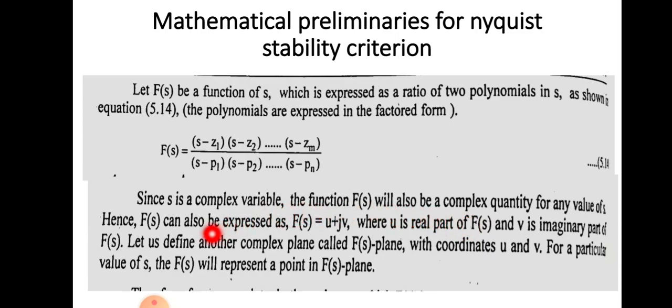So for a particular value of s, there will be some value for F(s). So for a particular value of s, the F(s) will represent a point in the F(s) plane. So now we are dealing with two planes, the s plane and the F(s) plane. A particular value of s in the s plane will correspond to an F(s) value in the F(s) plane.